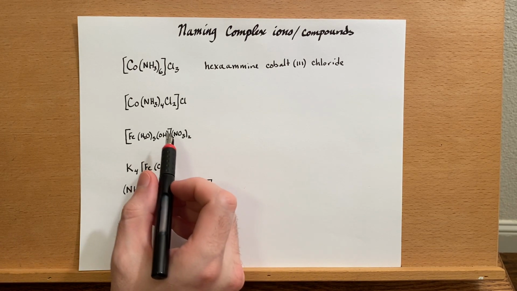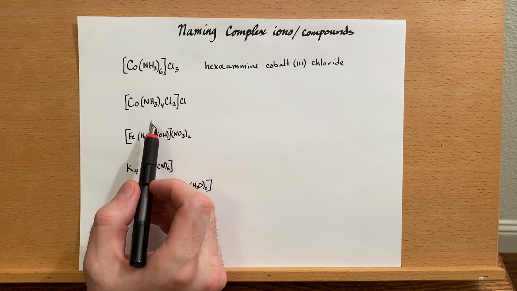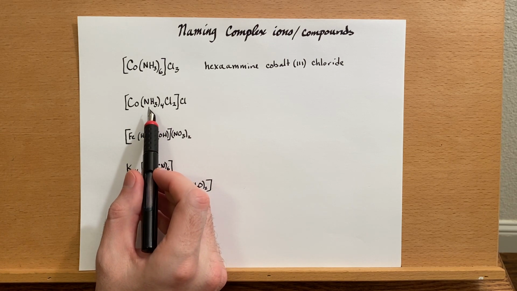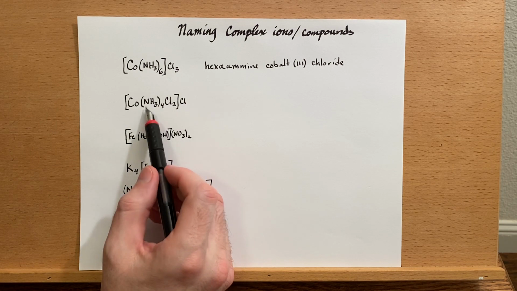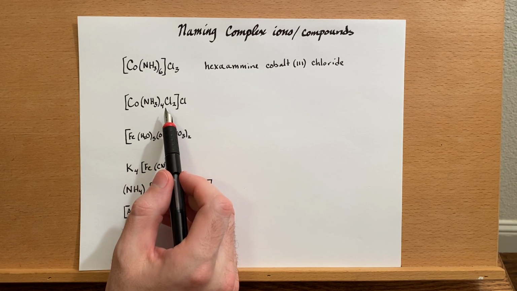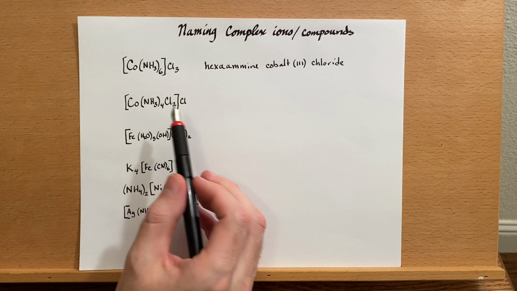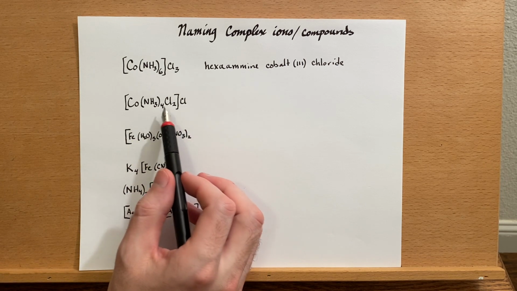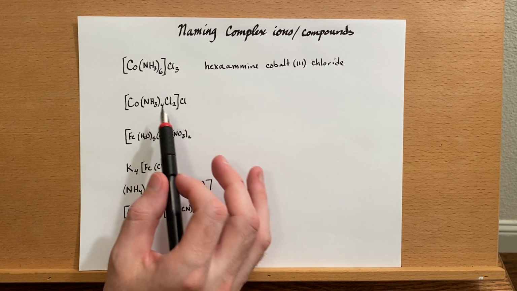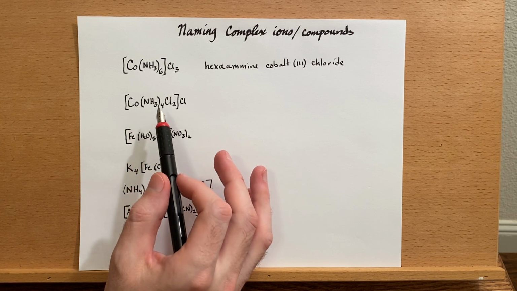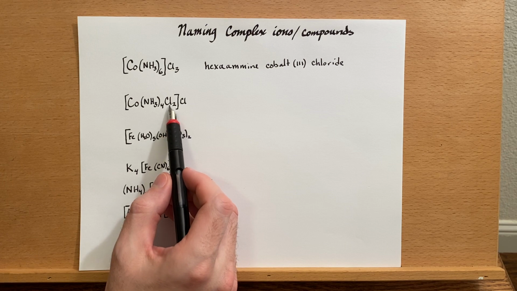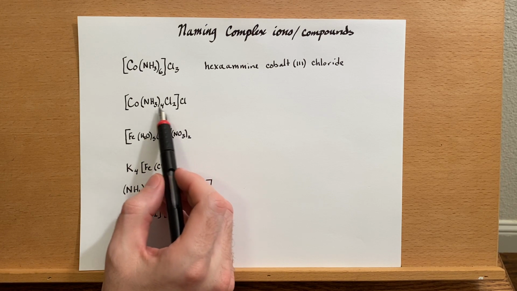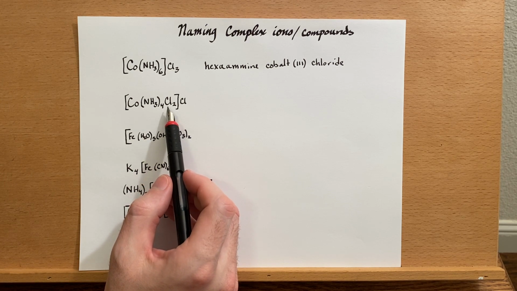Now, this next one, we have 2 different ligands on the metal. We're not going to worry about isomers, even though this one has 2, cis and trans isomers, but we'll ignore that part of the name for now. And we need to know the rules for these 2 ligands. What order do they go in? Do they just go in the way they're written?